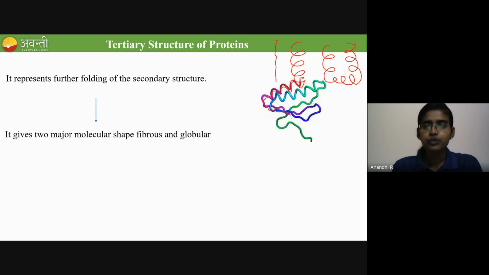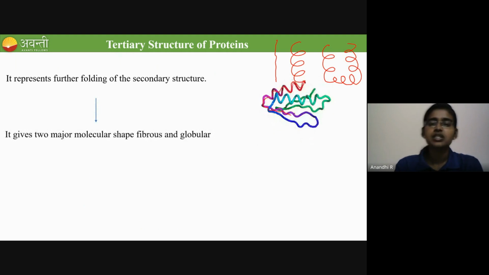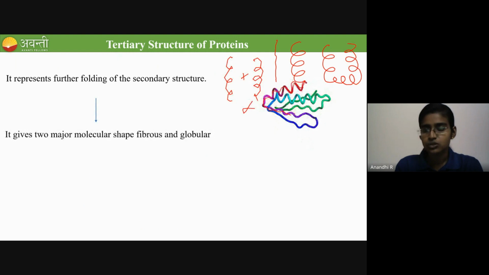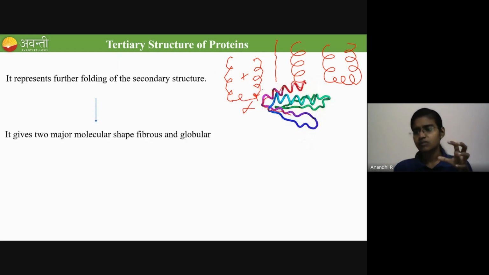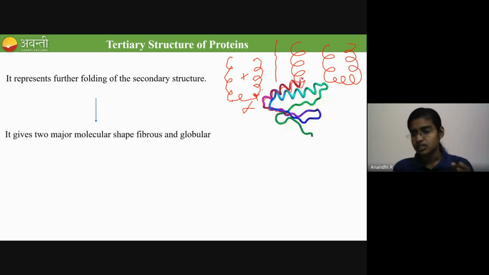Fibrous protein and globular protein are the two major molecular shapes which arise out of the combination of two secondary structures. Combination means adding, right? But we are not exactly adding these two, because during this addition there is also some interaction existing between them.